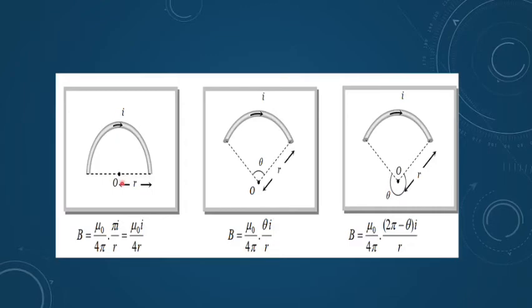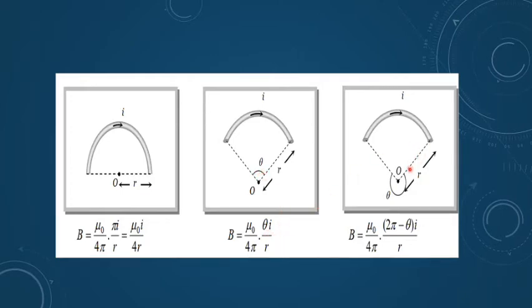Of course, when I am talking about the angle theta, I am showing it with the help of a diagram so that you understand what I mean. I am taking only an arc of the circular loop, and that is making an angle theta at the center of the circle. If theta is taken this way, then you will write it as theta I upon r.